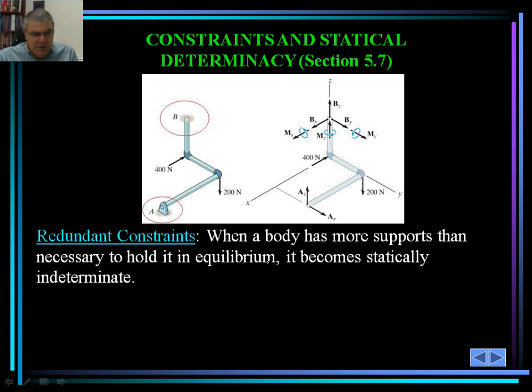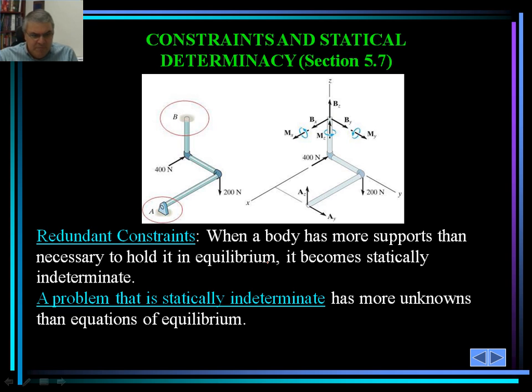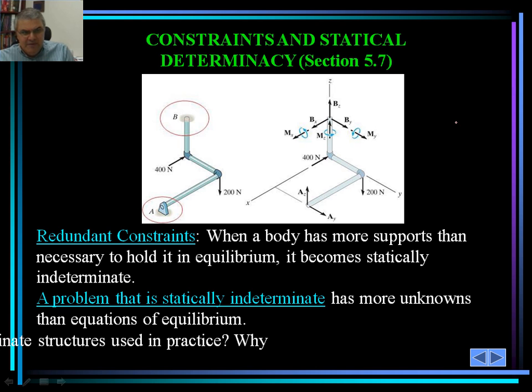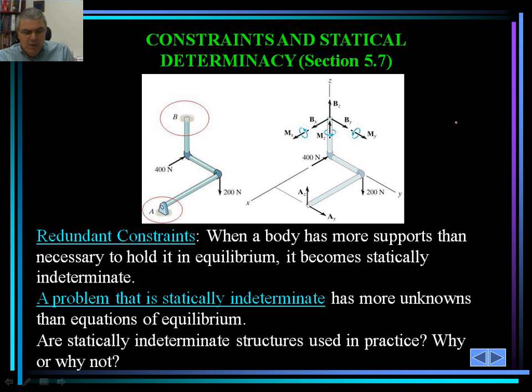Let's examine the figure here and try to determine if this is determinate or indeterminate. We have 6 equations of equilibrium available in scalar form. If we have more than 6 unknowns, then the structure is indeterminate. If we have less than 6, then we are determinate. It's as simple as that. Are they used in practice? We already answered that question, and the reason is pretty much safety. Safety is really the bottom line.